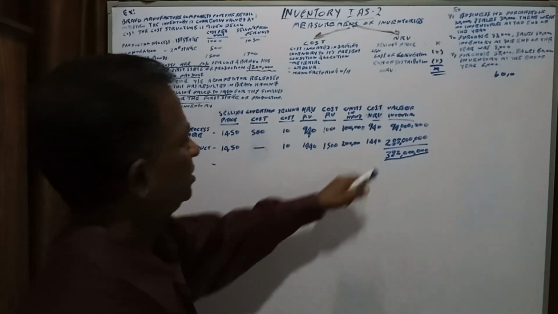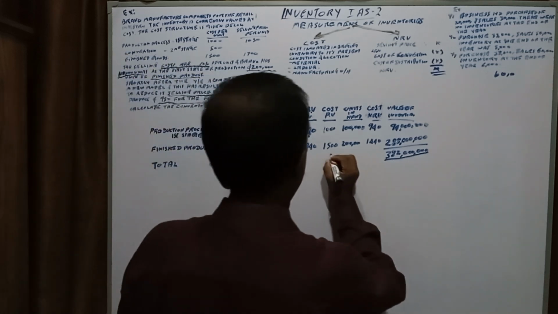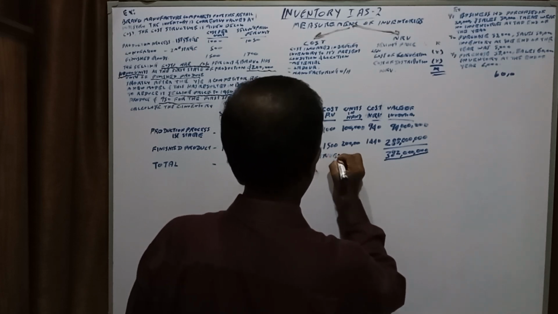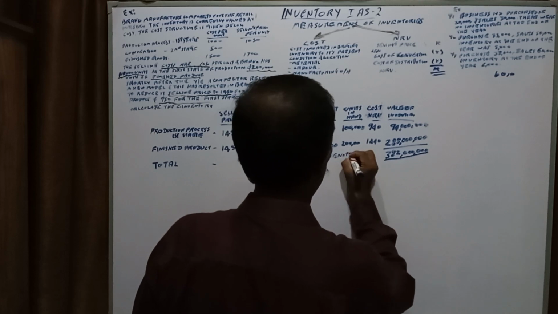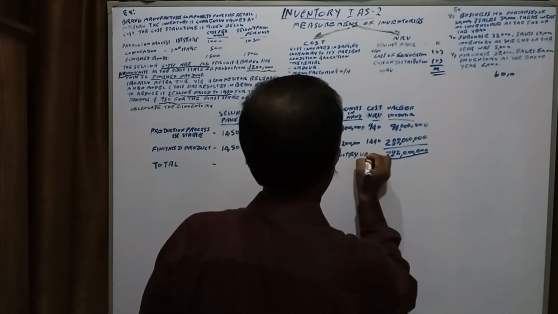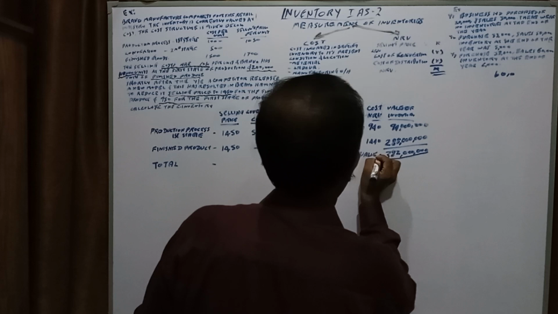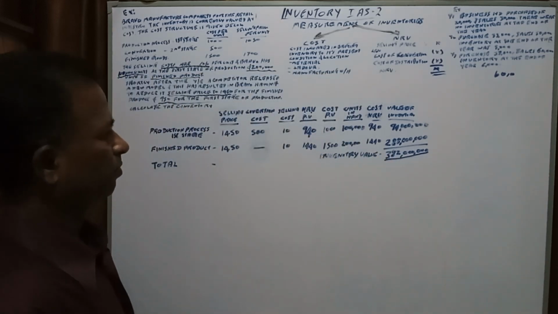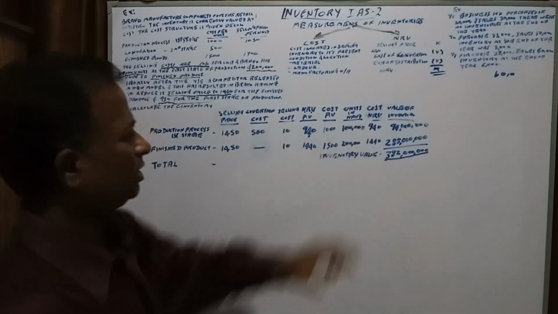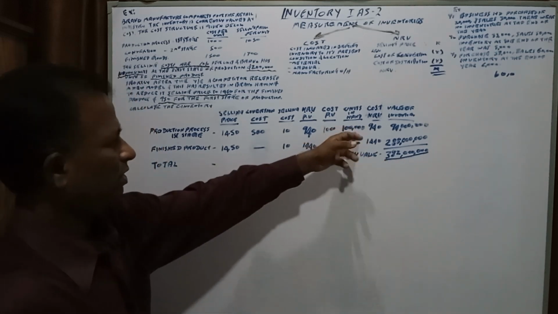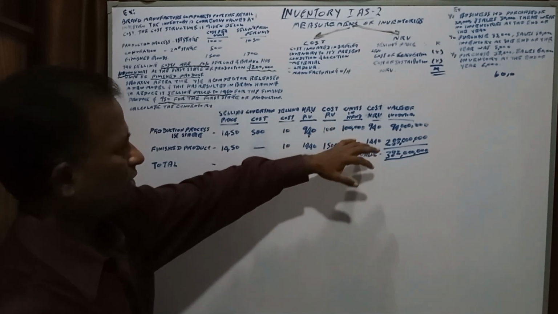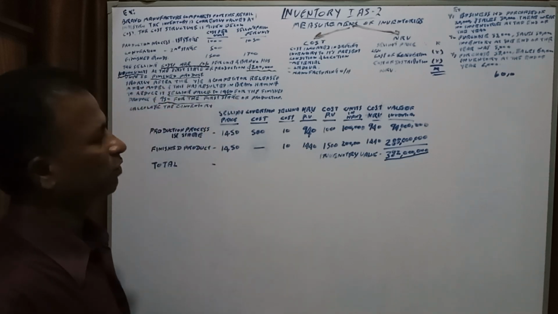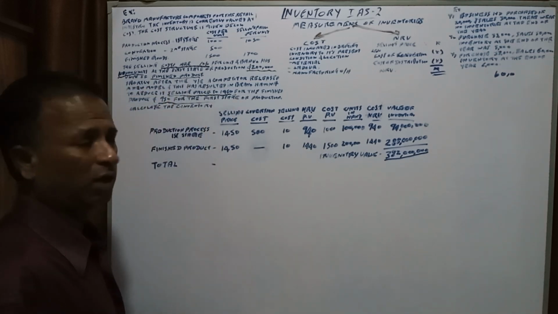This is the inventory value that should be shown in the accounts, whereas they would have shown 400 million. 100,000 into 1,000, 200,000 into 1,500. In such a way they would have computed.